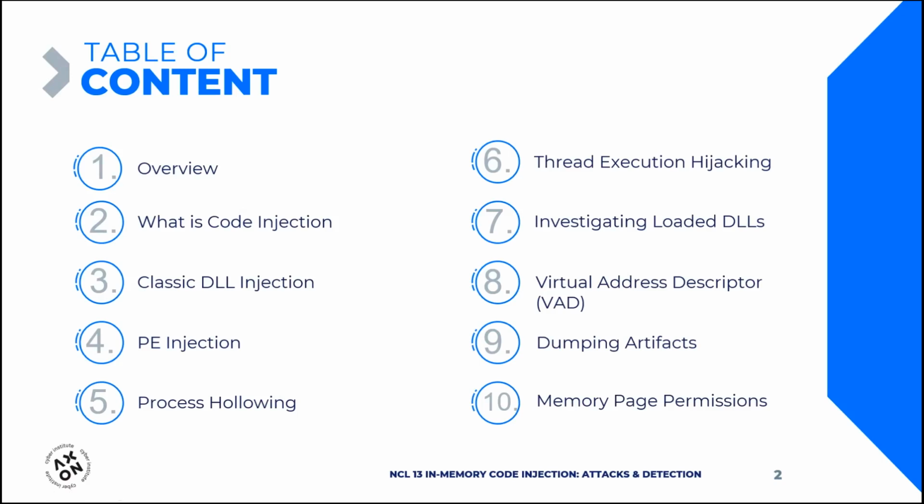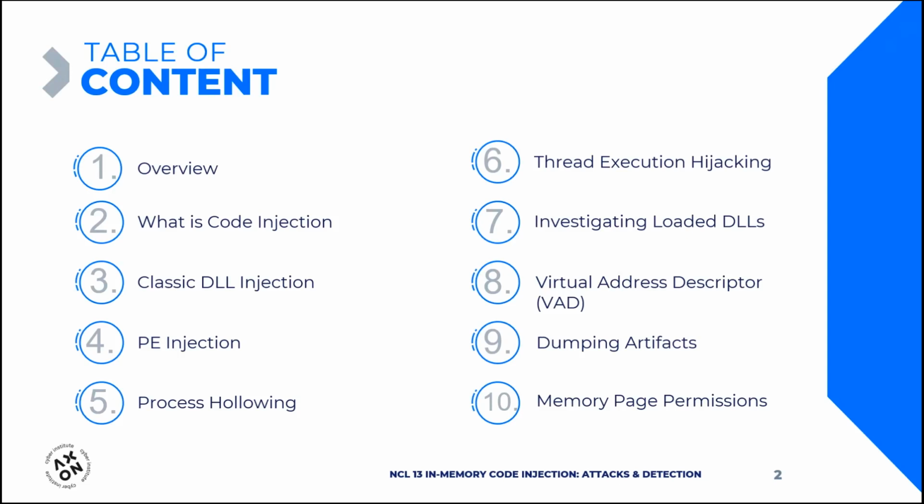The agenda of today's webinar is as follows. I'm going to give an overview and introduction to code injection, and then define code injection in detail. Then I will talk about four types of code injection techniques.